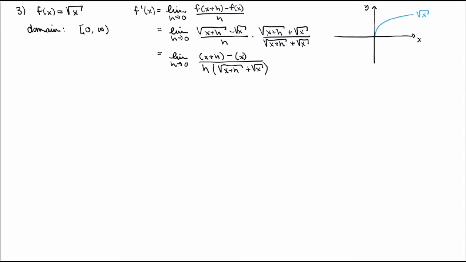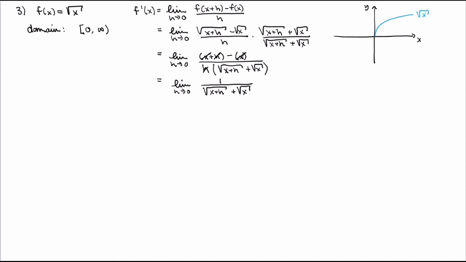Now you see that things simplify. x minus x is 0, and then I can divide upstairs and downstairs by h because I'm not evaluating at h equals 0, but taking the limit. So I'm allowed to do that, and I end up with the limit as h goes to 0 of 1 over square root of x plus h plus square root of x.